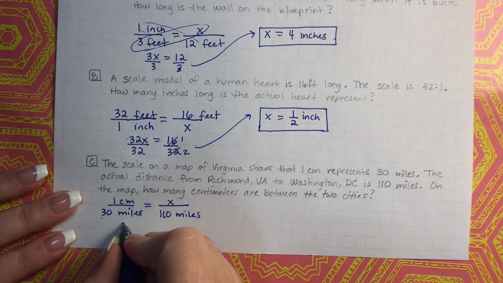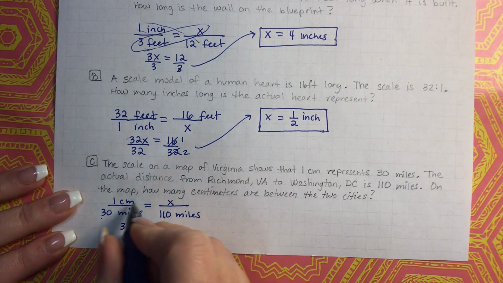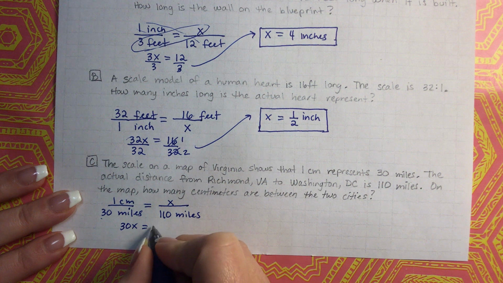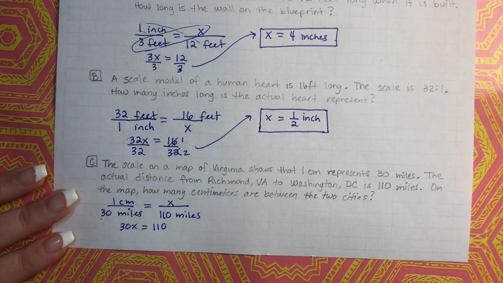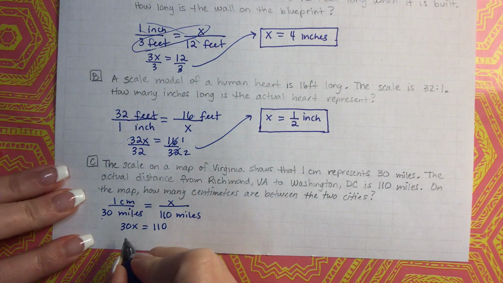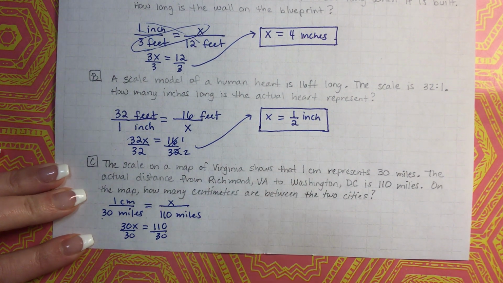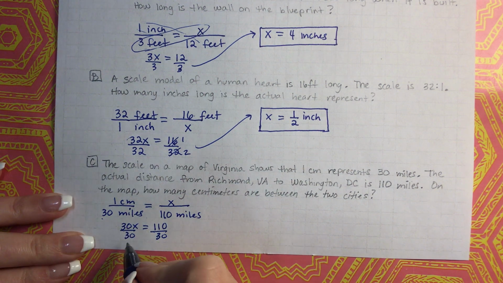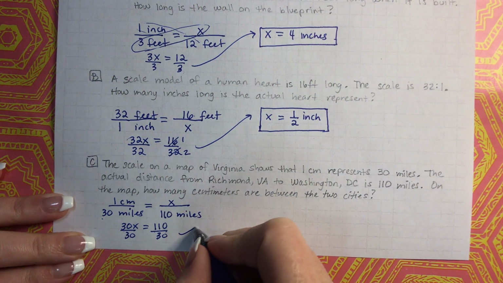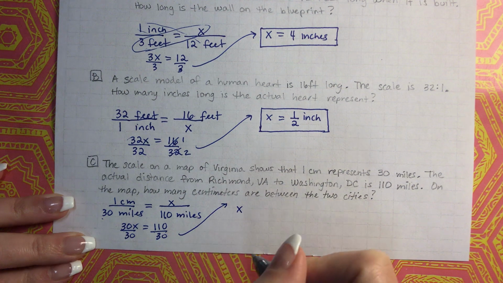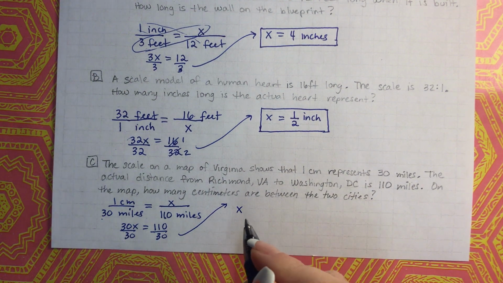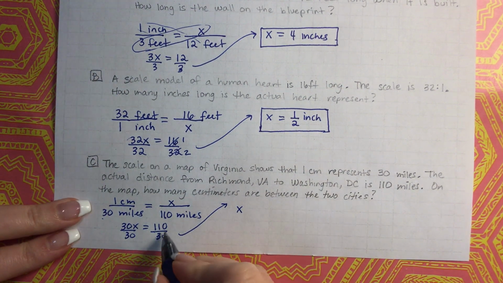So 30 times X is 30X equals 110 times 1, which is just 110. We want to get X by itself, so we're going to divide both sides by 30. 30 divided by 30 is 1. Up here, it's going to be X. And then we want to simplify this.